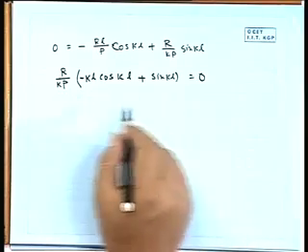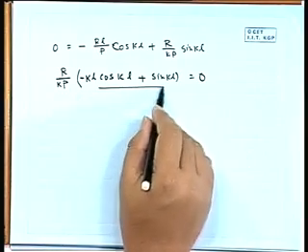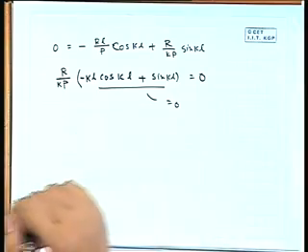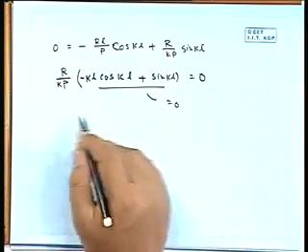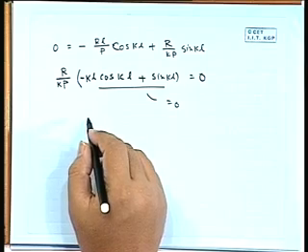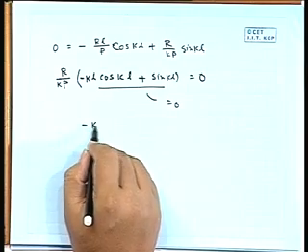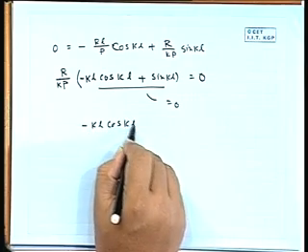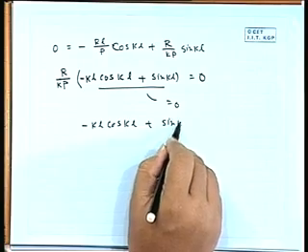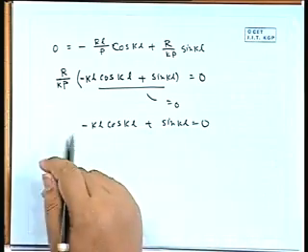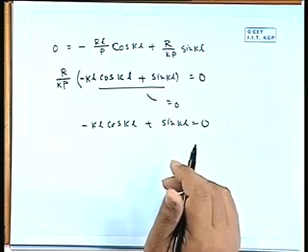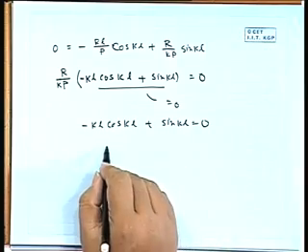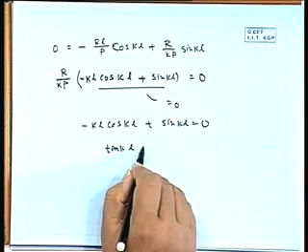So we can write the central part, that should be equal to 0, or from there we can write tan kL equal to kL, right. We can write minus kL cos kL plus sin kL equal to 0, or sin kL equal to kL cos kL, or cos part if you take here, tan kL equal to kL.